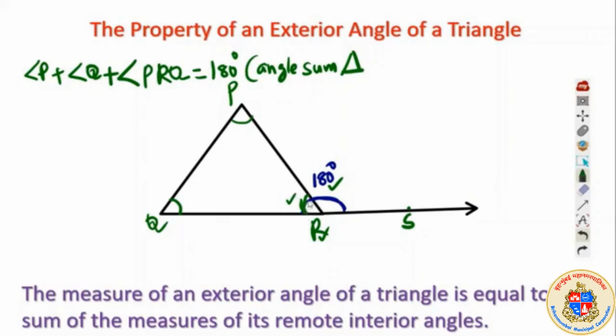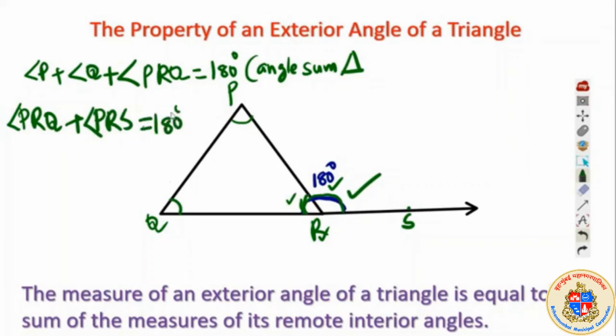If I take PRQ and PRS, that makes a linear pair. That means if I write the measure of PRQ plus the measure of PRS, the exterior angle, this one, that also will make 180 degrees because it is a linear pair.